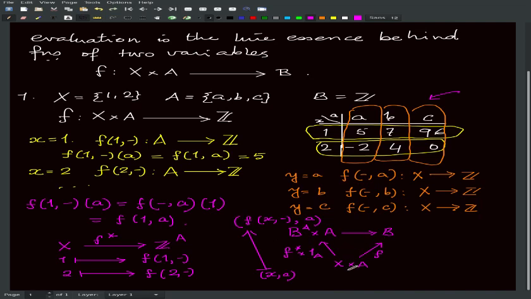As if you replaced x, the elements x, by this function, and then evaluates this function at this, and lo and behold, what is this? This is nothing else but your f. Okay, so that is how, in this particular example, you get this.